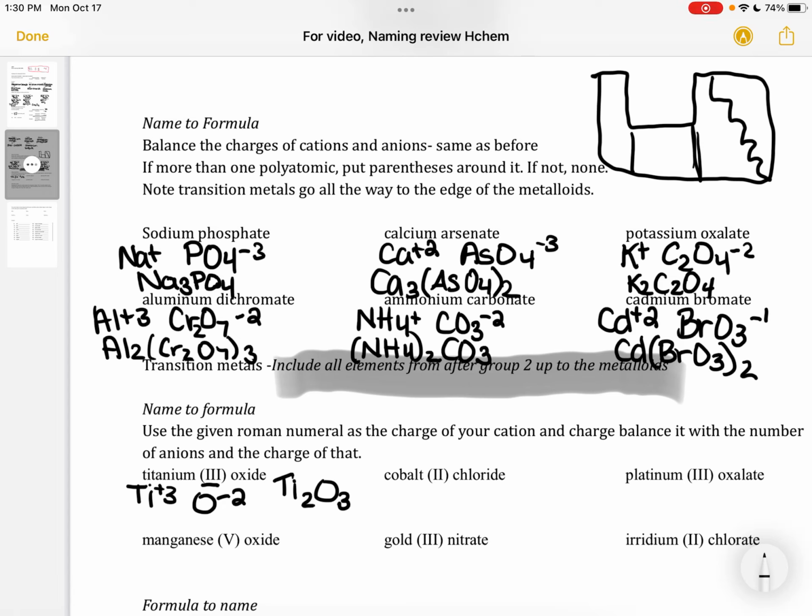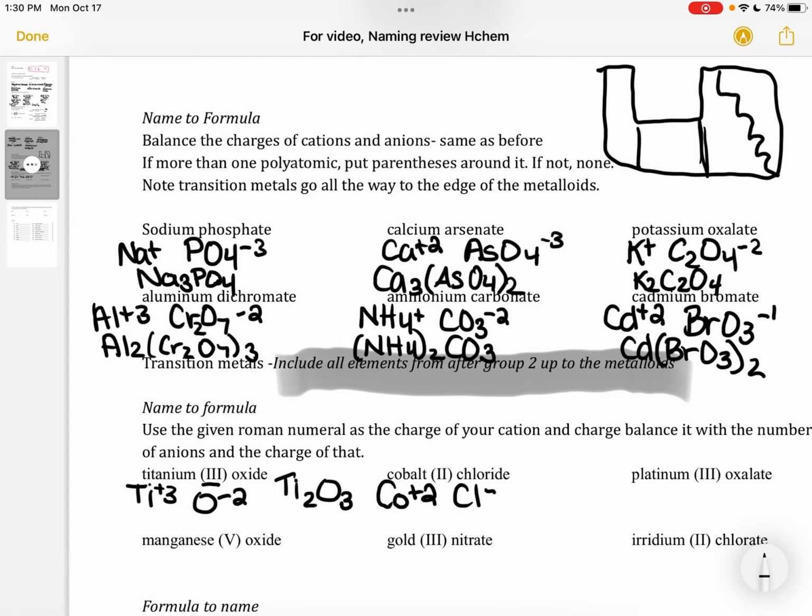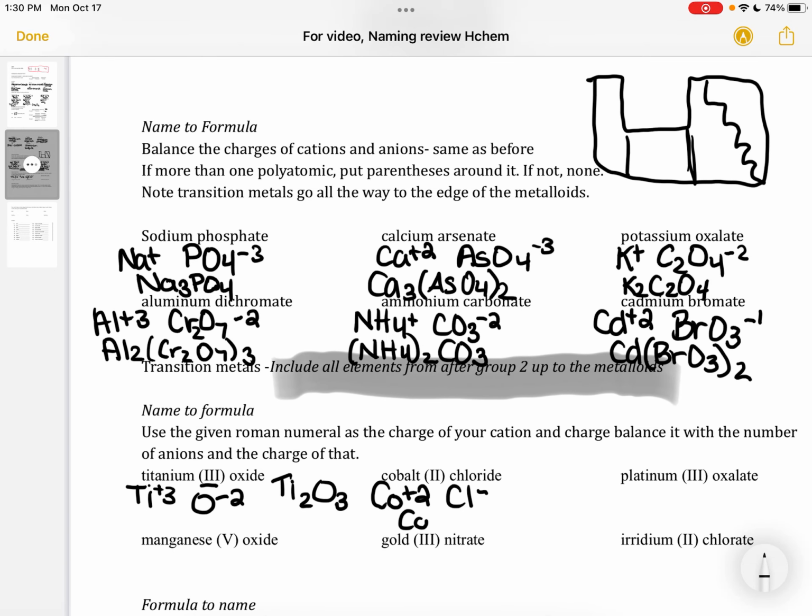Next we have cobalt 2 chloride. Well, this is telling me I've got cobalt with a +2 charge and chlorine with a -1 charge. It's always known to be -1. Okay, since my cobalt has a +2 charge and my chlorine has a -1 charge, it's going to take 2 chlorines to balance out my cobalt.